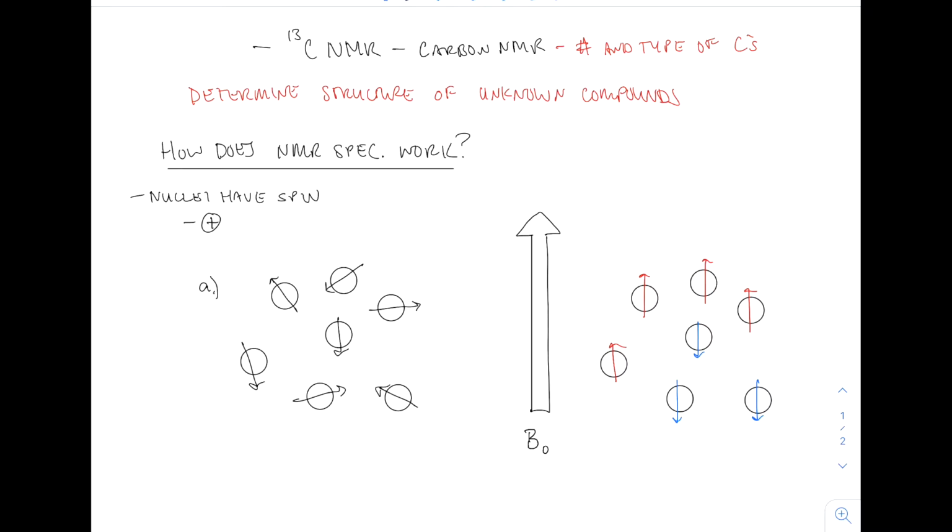Either way, in the presence of the strong magnetic field, the nuclei adopt a specific orientation, right? Specific orientation.